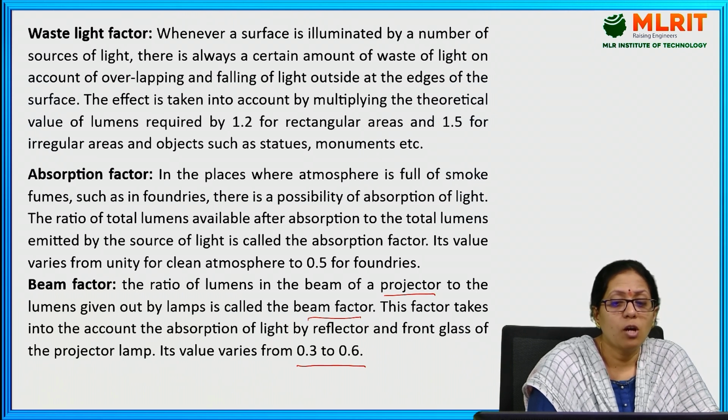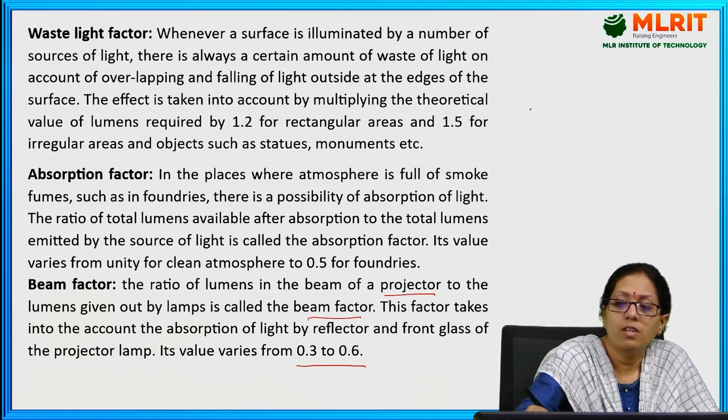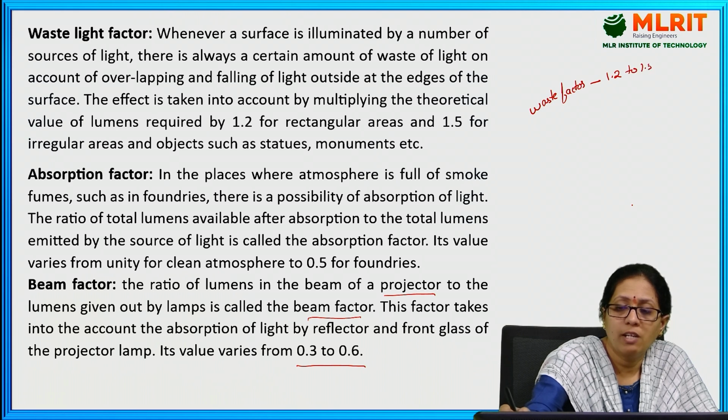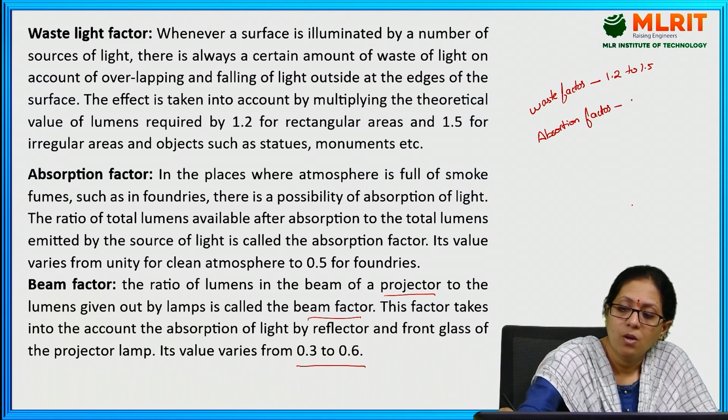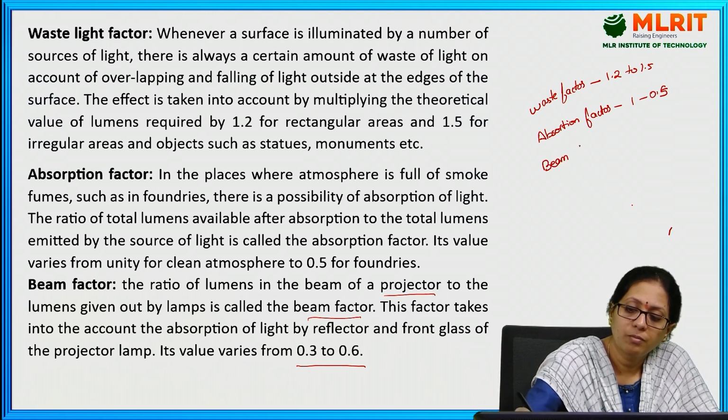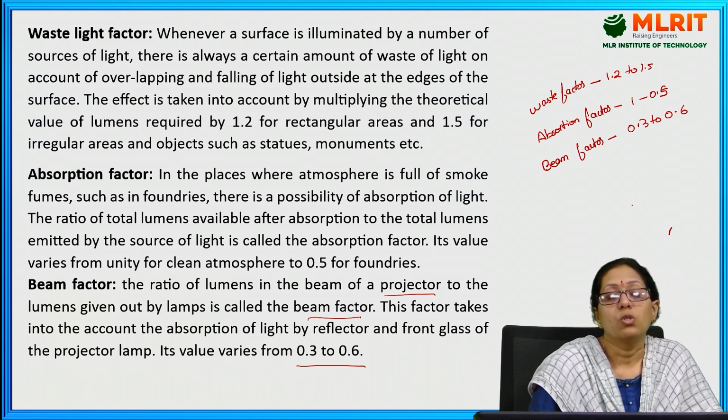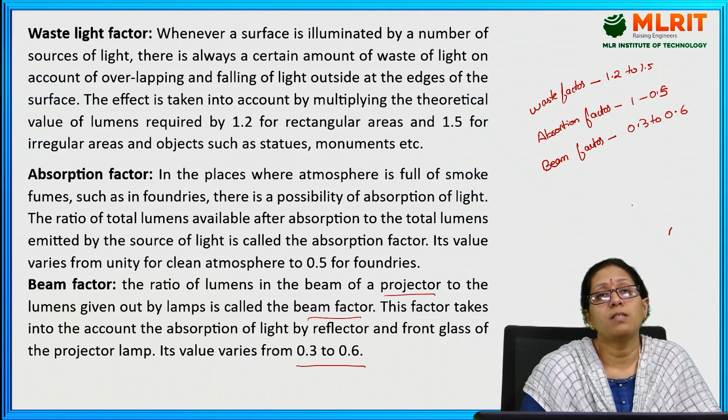So, waste factor varies from 1.2 to 1.5, absorption factor varies from 1 to 0.5, and beam factor varies from 0.3 to 0.6. So these are the different factors.